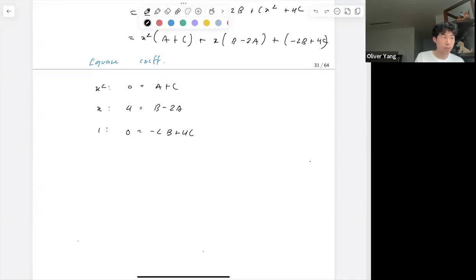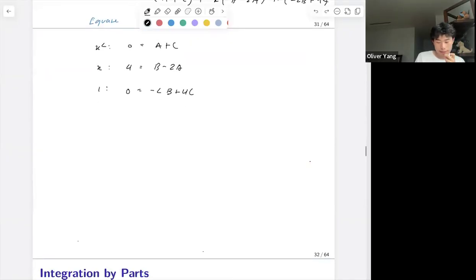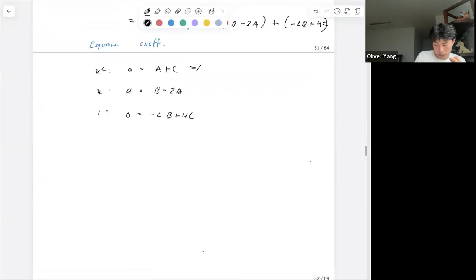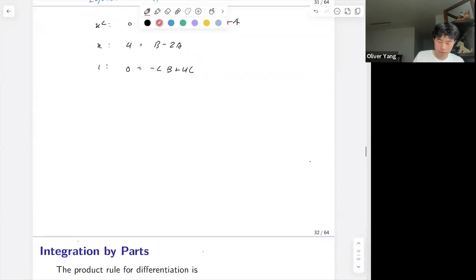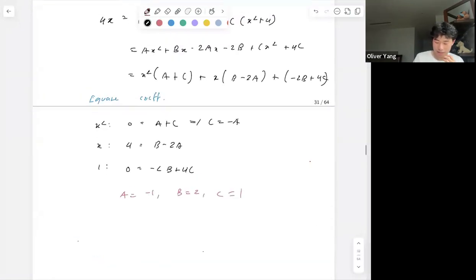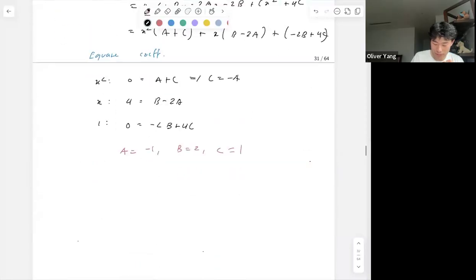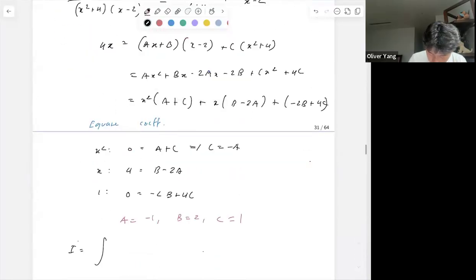Simultaneous equations, right? We can say that c equals negative a, and then if we substitute it in, do some algebra. I'm not going to do it because I think you guys can do that by yourselves. But if you don't know, please let me know and I'll go through it, right? c equals 1. Okay, so that should be your coefficients.